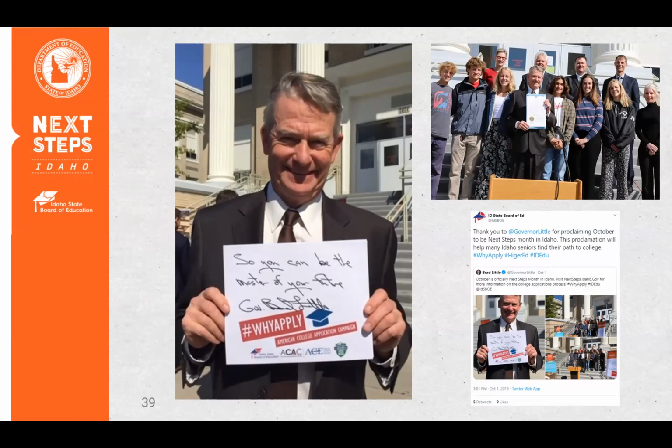So in 2017, the governor, then Governor Otter, took a photo and wrote something, and it garnered a lot of attention, particularly from surrounding states and our counterpart agencies in different states. And it created a ton of momentum on social media.